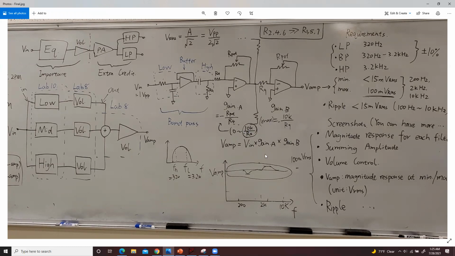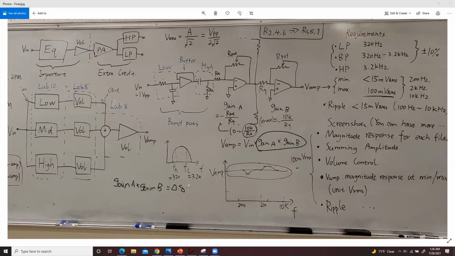After you do the calculation, you will get some value for gain A times gain B. I'm not going to tell you the answer, but let's just give an example. For example, you will get gain A times gain B equal to, let's say, 0.8.